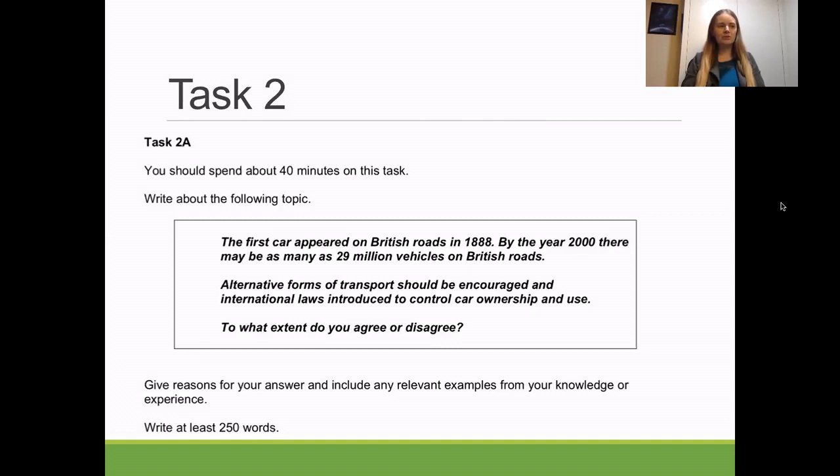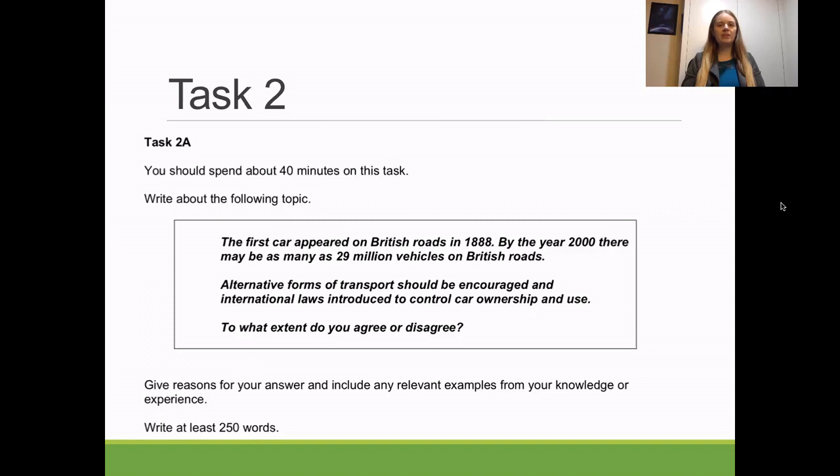So we will go through various examples of some of the questions that we could find on this part of the test, but this is something fairly typical. They give you a topic and then they ask you, do you agree or disagree with this statement that they've made relating to that topic? And then they tell you, of course, to write 250 words and to use examples to support your argument.